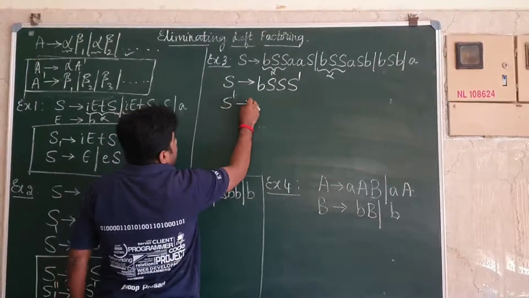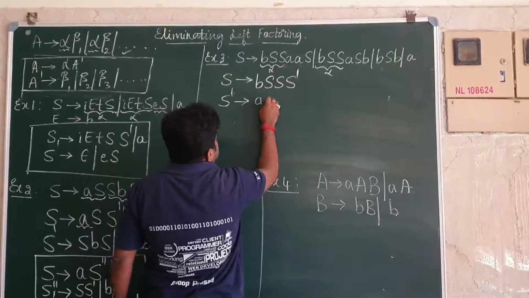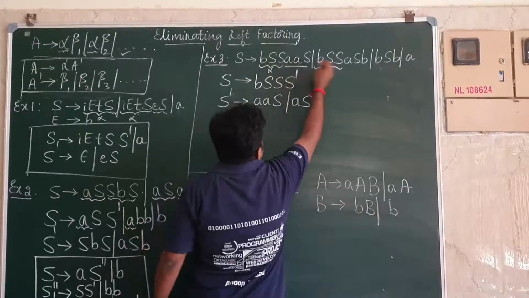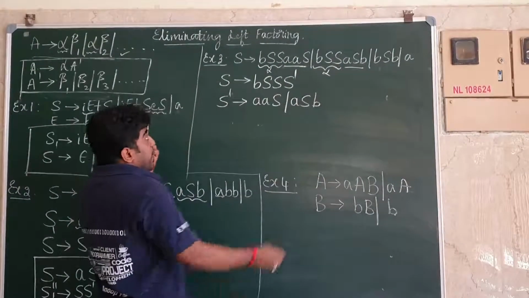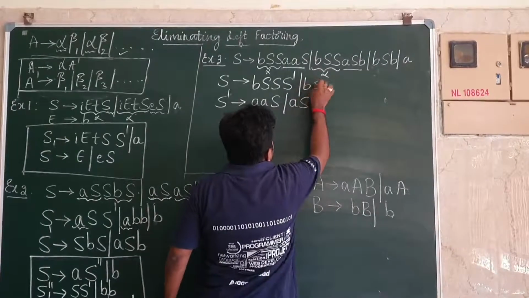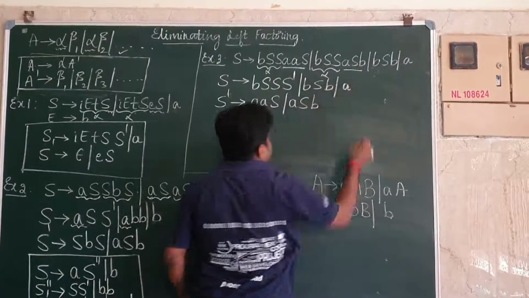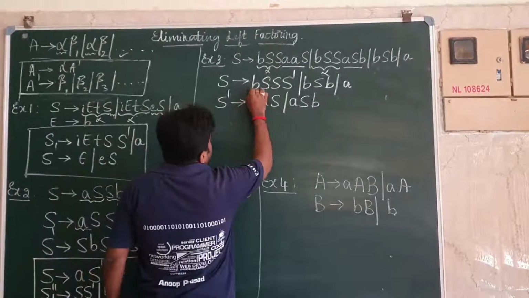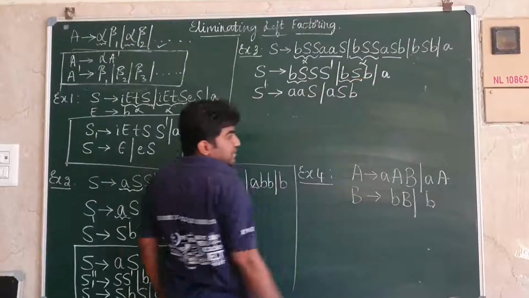S dash will be AAS or ASB, that is the remaining thing, this one and this one. Got it? And here the remaining things, this one and this one, which were not having left factoring, I wrote as they are. Now again we have BS within these two productions.